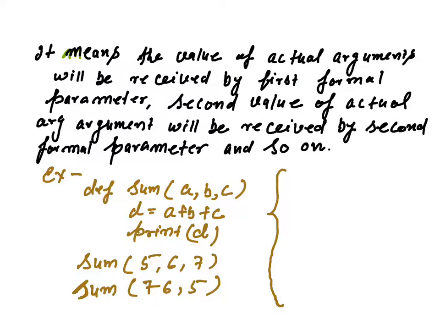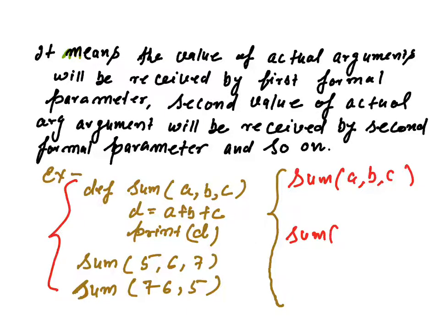For example, I'll explain you with a simple example. In this example I have used sum. This is the definition of the function, and here I am calling this function by passing the values 5, 6 and 7.